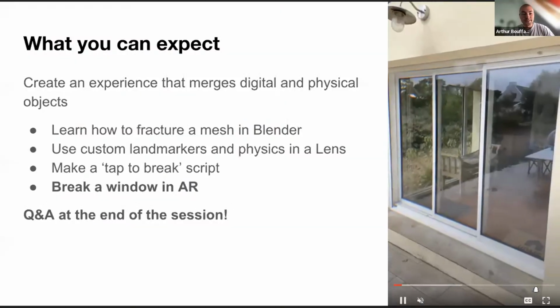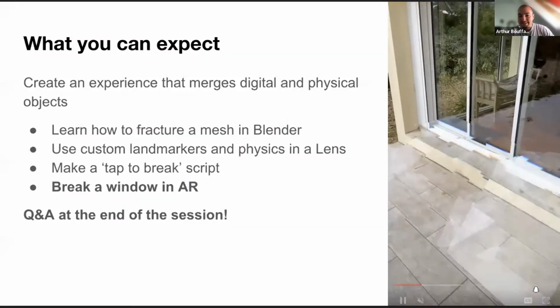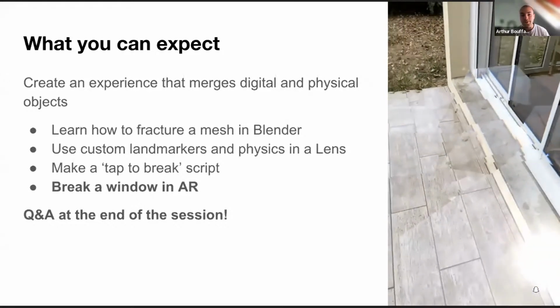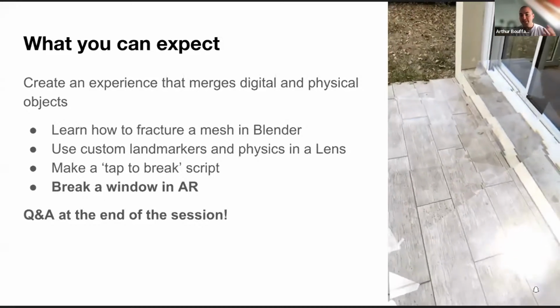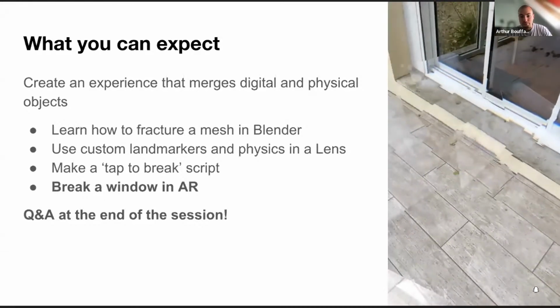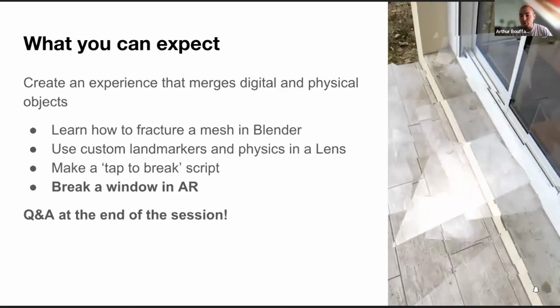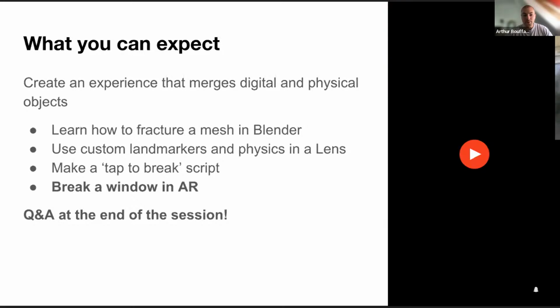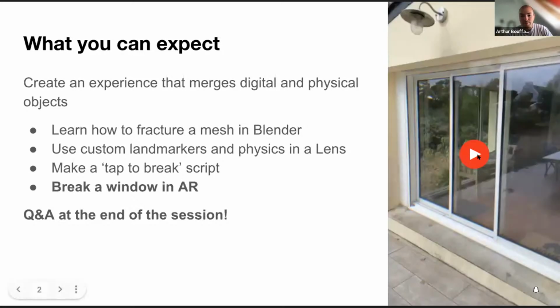So to give you some information on what you can expect today. Basically, I'm going to teach you how to create an illusion of breaking windows in augmented reality. So to do so, it's going to be using different programs.